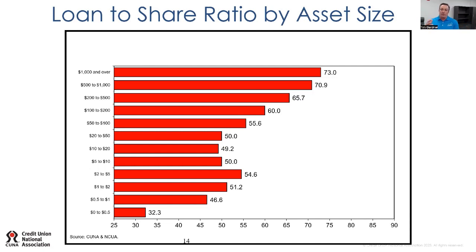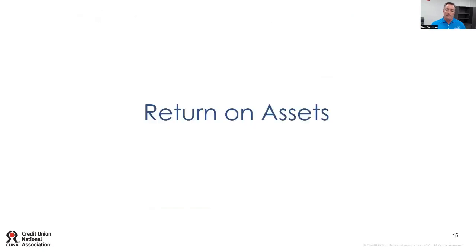So there's different access, if you will, to the different types of loans. There's also different dollar amounts. Maybe a credit union that can offer a $1 million home loan and hold it on their balance sheet is going to be a little bit different than those that can't. So maybe it's types of loans, types of deposits, dollar amounts of loans, dollar amounts of deposits. Those could all be things that are going to impact the loan to share ratio.